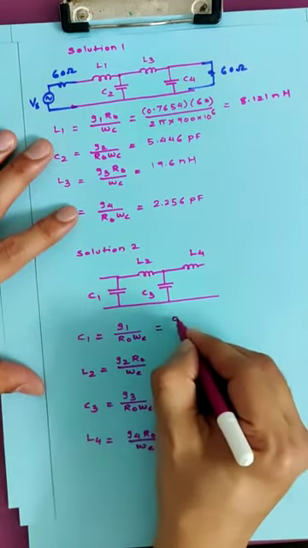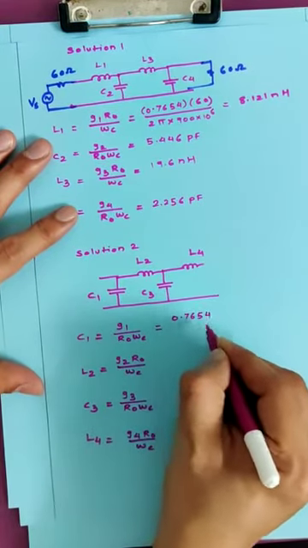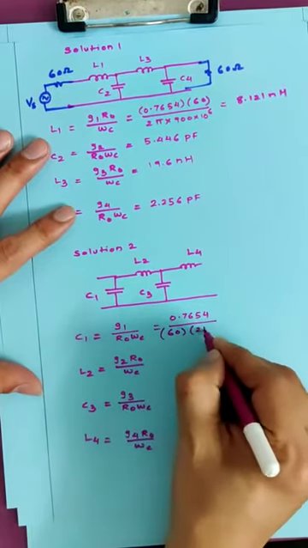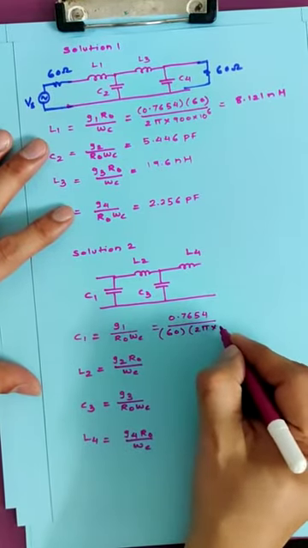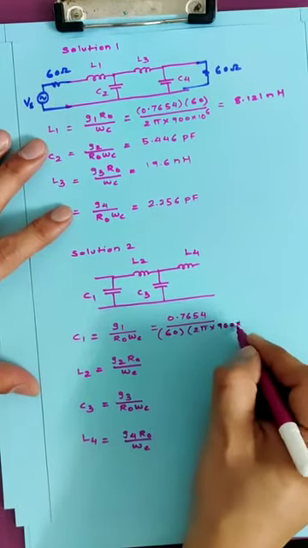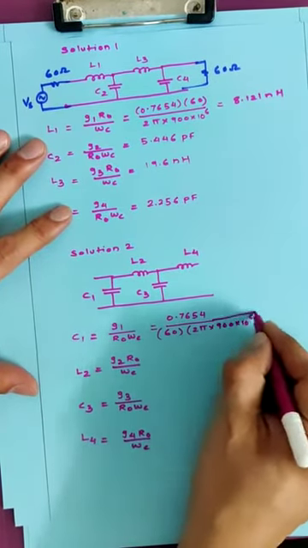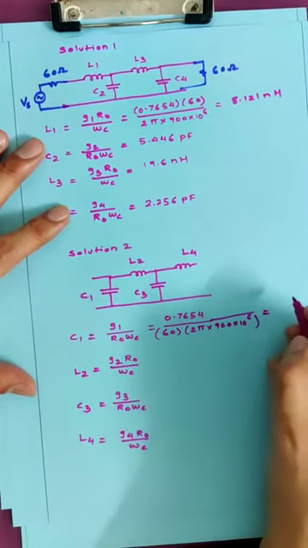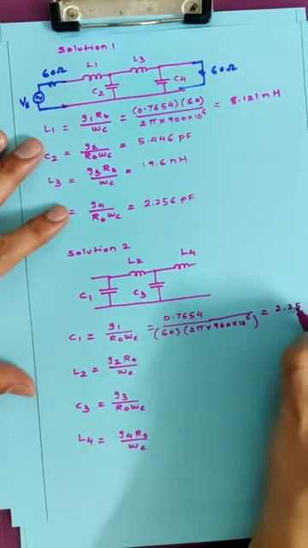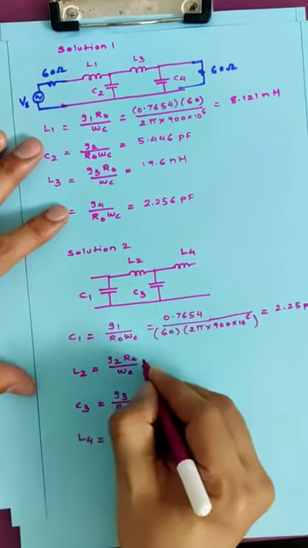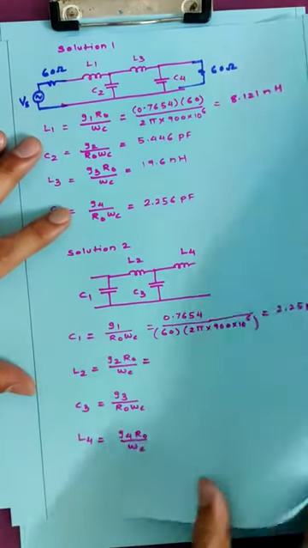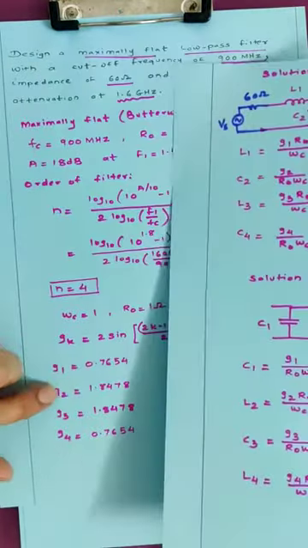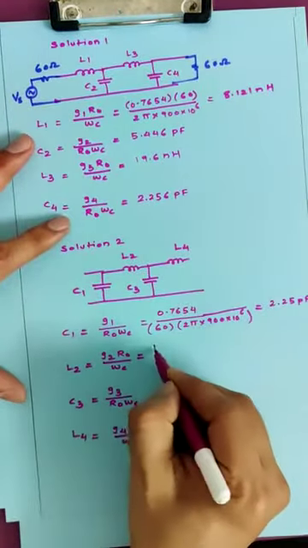So G1 was 0.7654 divided by R0 16 and omega c is 2 into pi into 900 megahertz, so 900 into 10 to the power 6. If you calculate this, it turns out to be 2.25 picofarad.